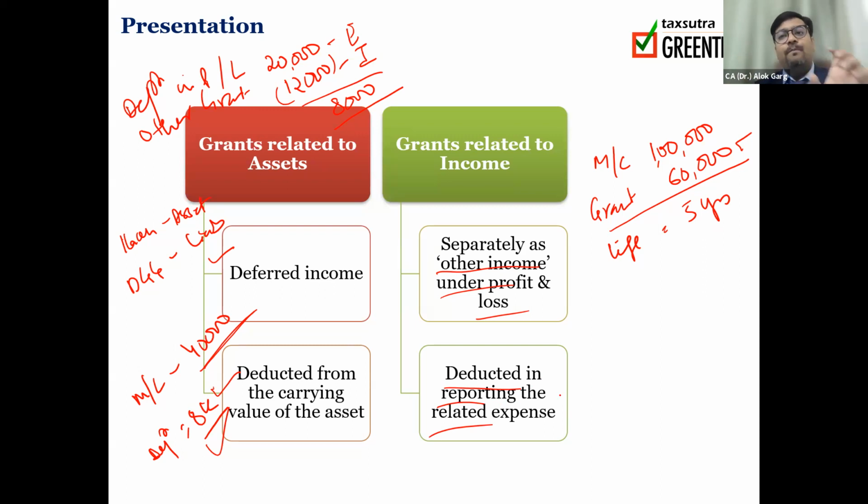For example, OPD expenses 15 lakh rupees, amount received from the government 11 lakh rupees, so net 4 lakh rupees has to be shown as an expense in the P&L. So this is the accounting for government grants related to assets and related to income. In layman language, there are two approaches: gross approach and net approach.